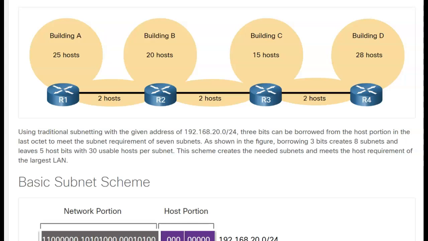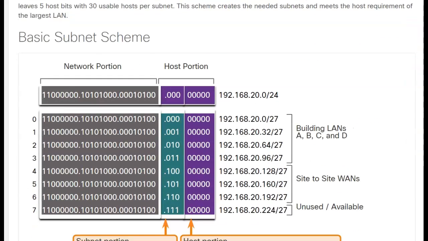I need. So if you looked at the basic scheme, we started off with a class C /24 network. And you go, oh, okay. But if I did a /24 network, what would that mean?